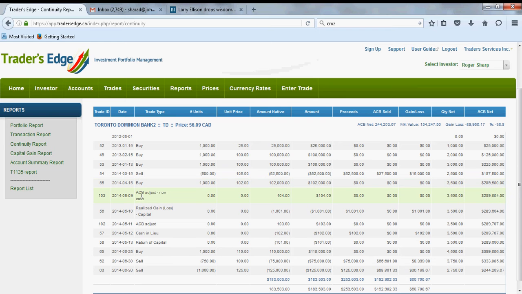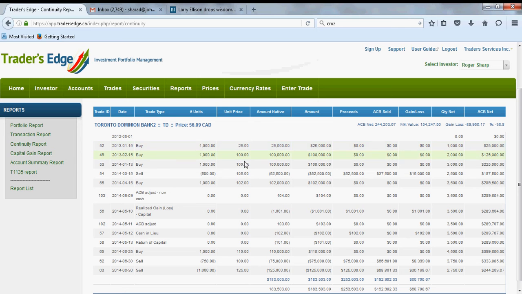There could be ACB adjustments for different reasons. There could be just a triggered capital gain. It doesn't happen in the stock, but things happen just as an example. There could be ACB adjustments that are cash-based or returns of capital. So what that does is it affects the cost base of the security.